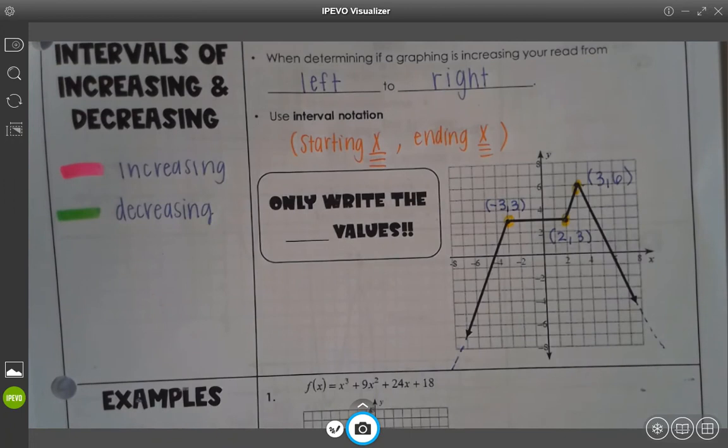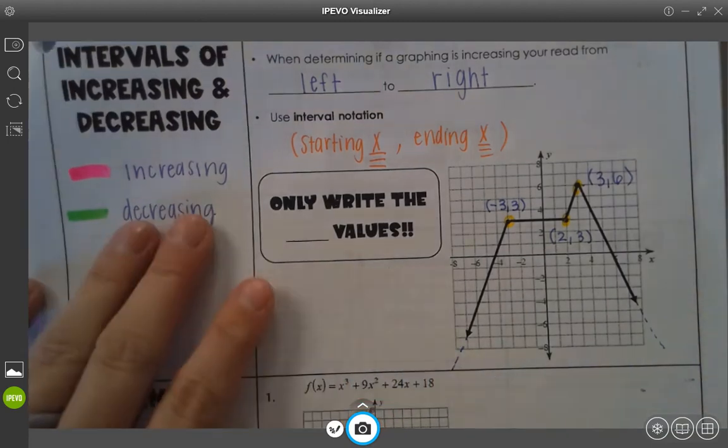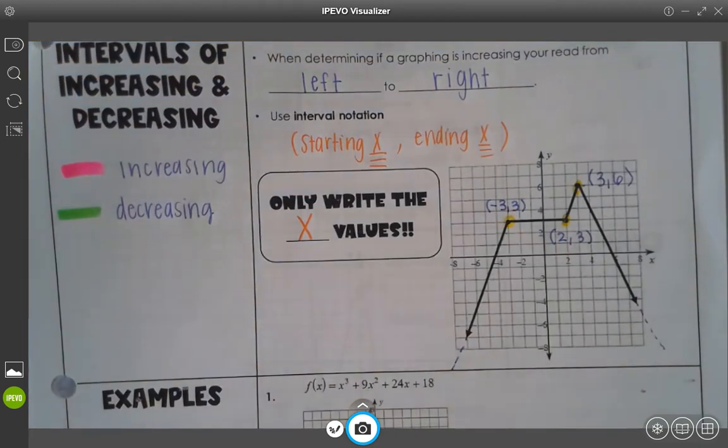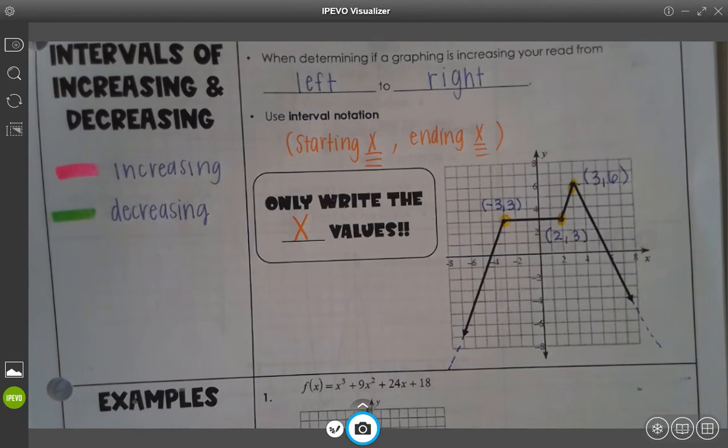So we're going to have two numbers in parentheses. This does not mean it's a point. It's what we call an interval. When we are doing increasing and decreasing, you only write the x values of these max and min points. The y values aren't important.